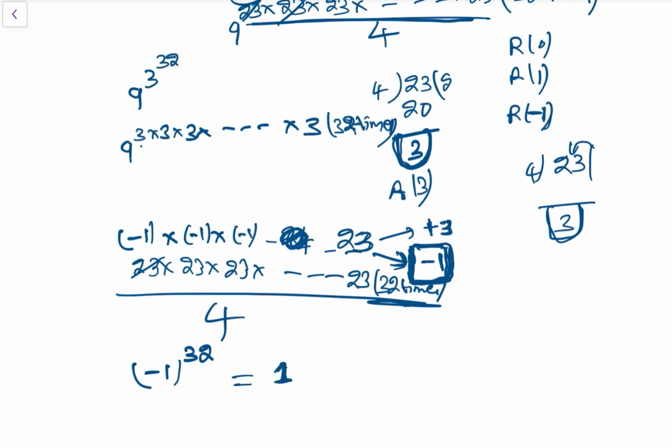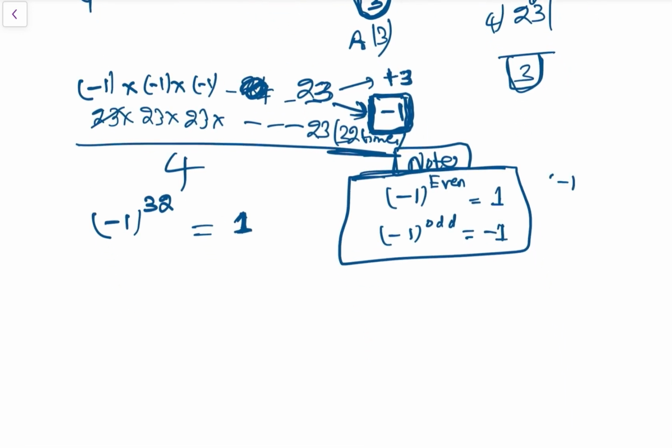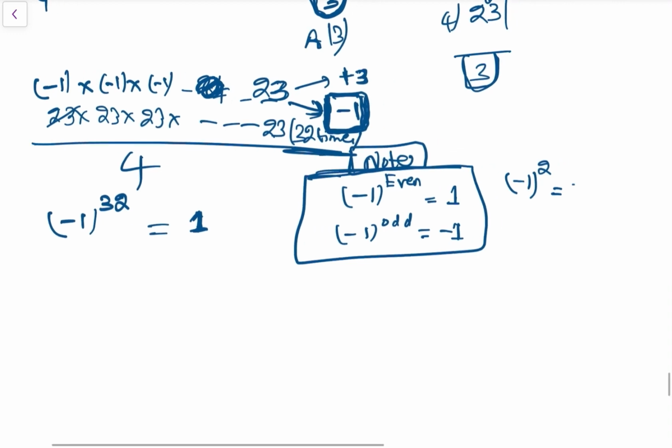So -1 to the power even is equal to 1, and -1 to the power odd is equal to -1. These are the things, so you will write it down as a note, ठीक है. कैसे, अब देखो. -1 to the power even है, so take 2: -1 into -1, माइनस माइनस इंटू माइनस करेंगे तो वो प्लस हो जाएगा, that is 1.